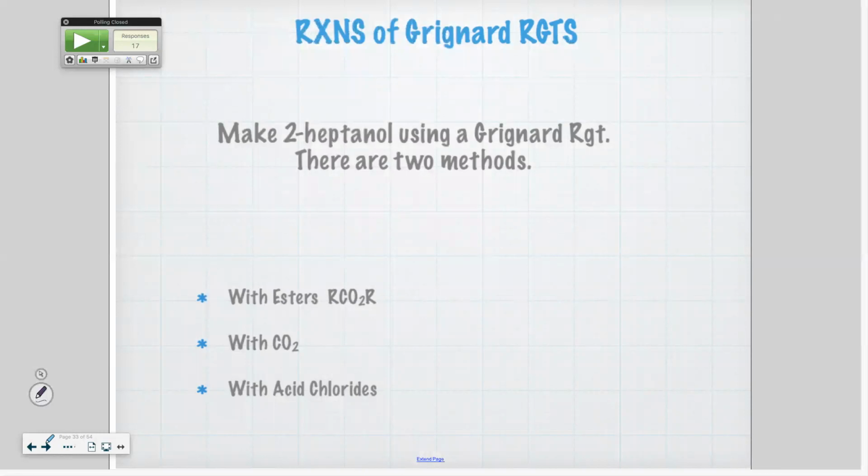Okay, so we're going to react our Grignard with esters, carbon dioxide, and acid chlorides today. We're going to do the esters and acid chlorides first because they're very similar, and then we'll do the CO2.